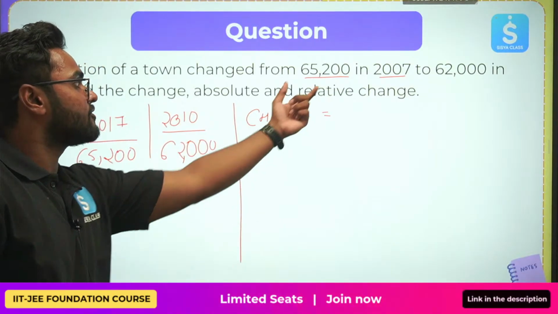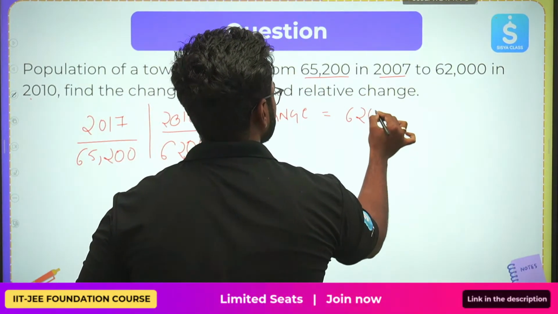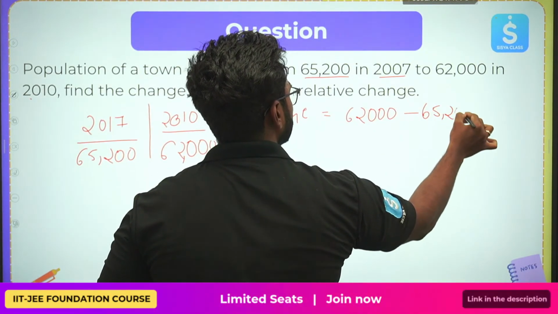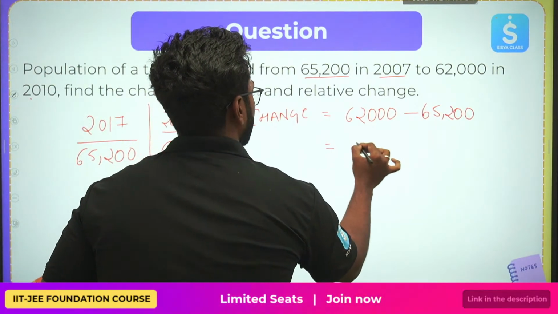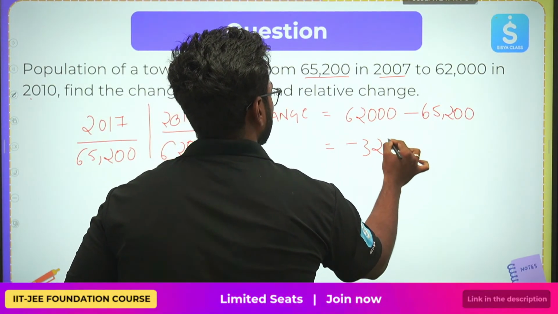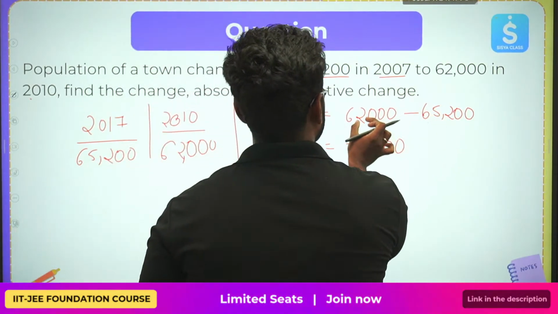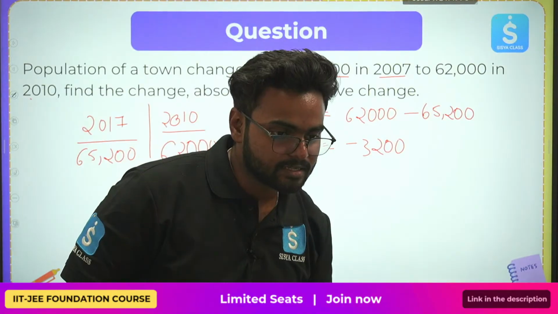Change is nothing but the difference between these two. Now we have 62,000, earlier we had 65,200. The change is minus 3,200. Got it? 3,200 is the change.